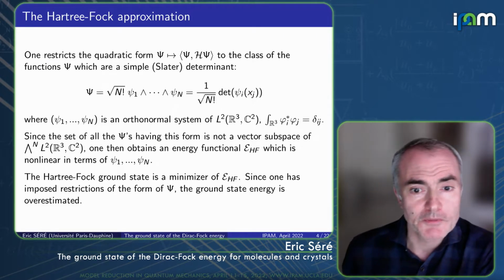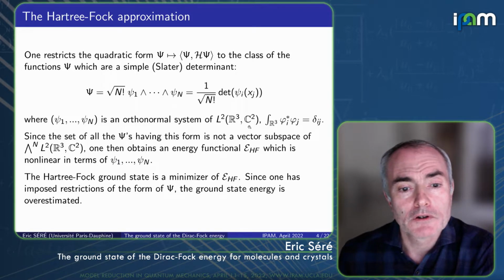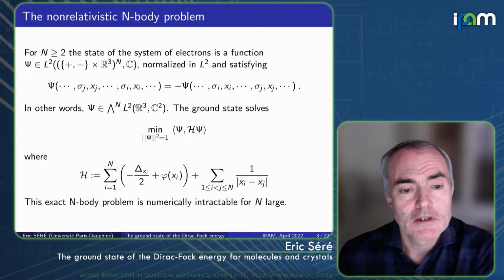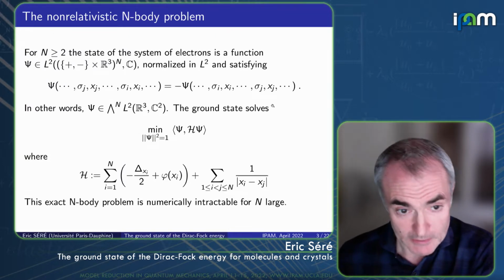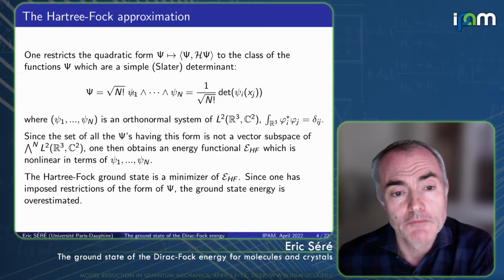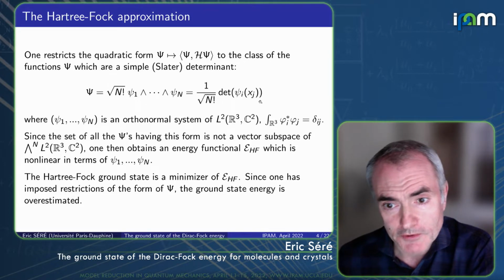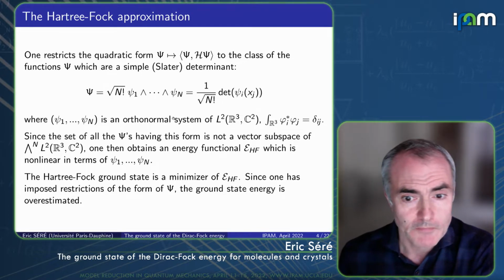The Hartree-Fock approximation consists in, instead of working in this very big antisymmetrized tensor product, working with particular wave functions living in that space, which are tensor products themselves of monoelectronic wave functions. And these are the famous Slater determinants.